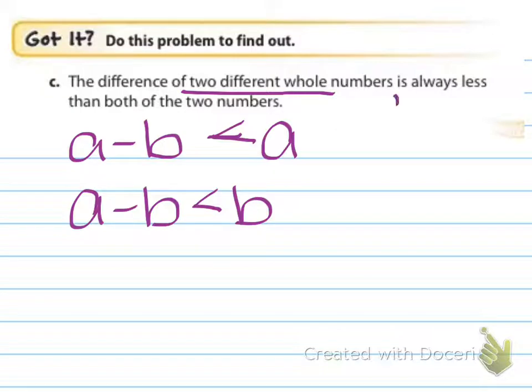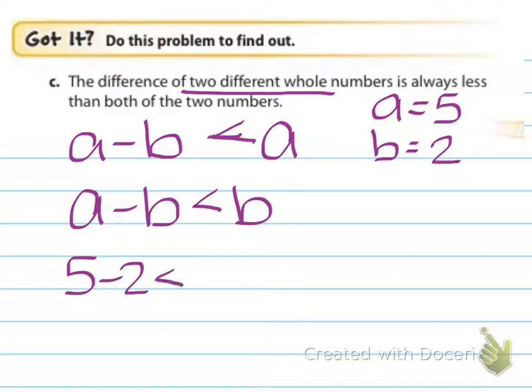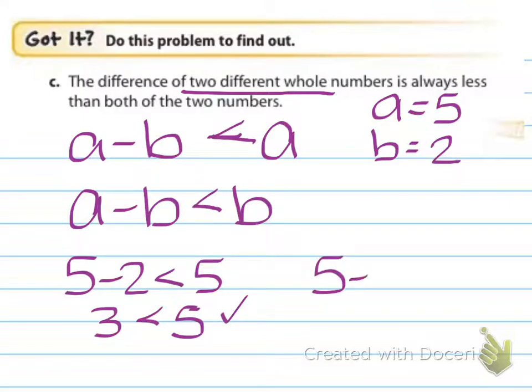So let's give A and B some identities here and say this is 5 and this is 2. So let's try it out. 5 minus 2 is less than 5. 3 is less than 5. Okay, well that works out. And then the next one: 5 minus 2 is less than 2. 5 minus 2 is 3.